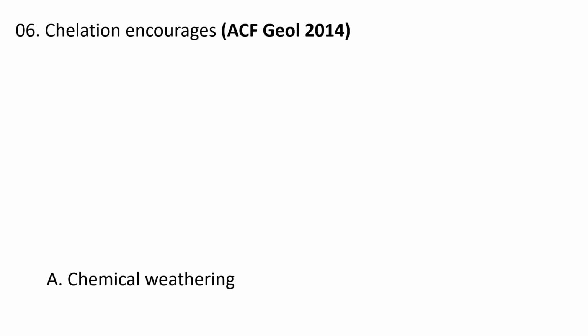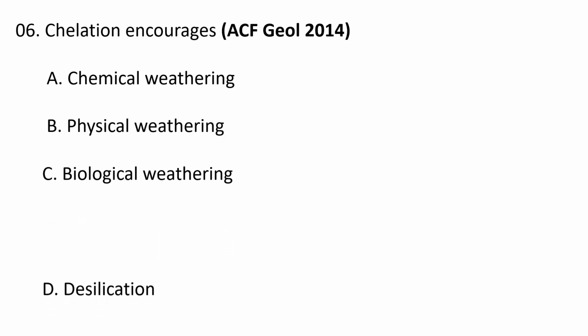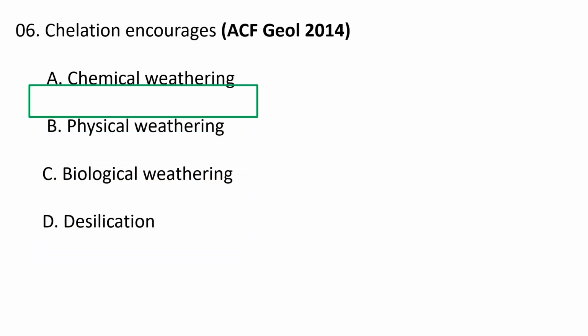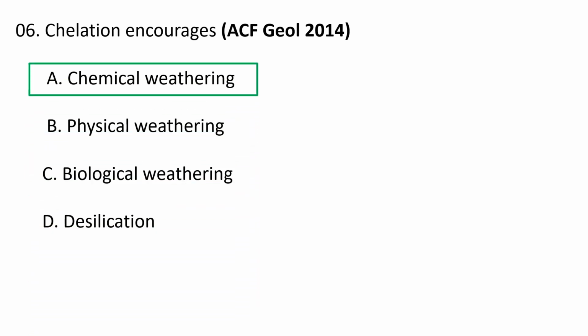Chelation encourages: A, chemical weathering, B, physical weathering, C, biological weathering, D, desilication. Chelation encourages chemical weathering. It is the chemical removal of metallic ions from a mineral or rock by weathering, which can provide their combination with organic compounds. So chelation encourages chemical weathering.